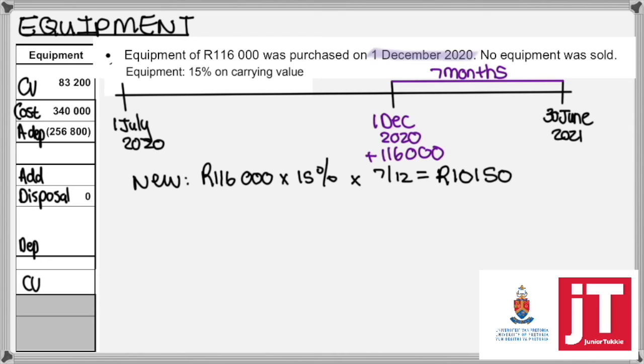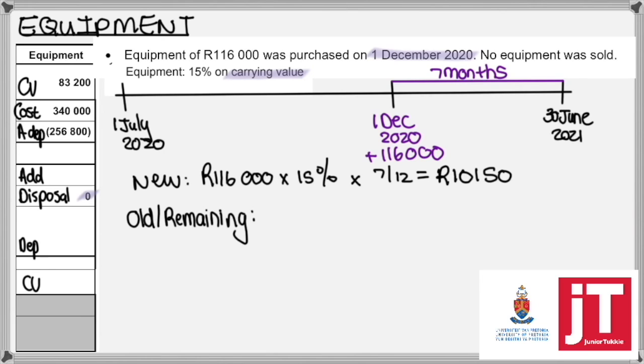When I'm calculating on the new, it's irrelevant because it's the first time we're calculating depreciation. There wouldn't be a book value. But to calculate on the old, the remaining, we have to calculate using the balance in the beginning. What did we have for 12 months? So this is now easier to solve.